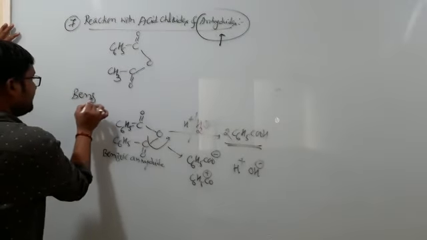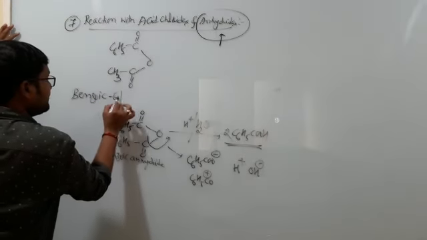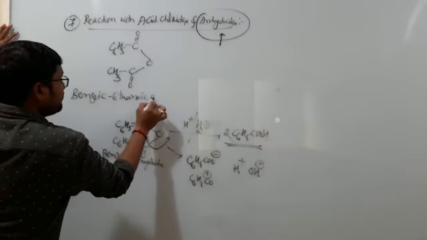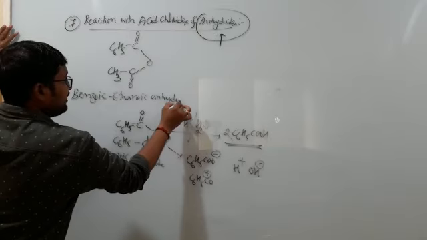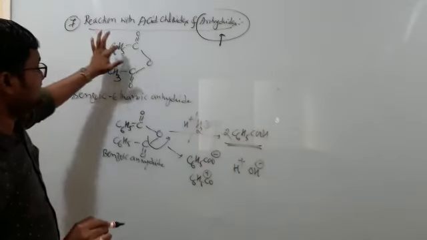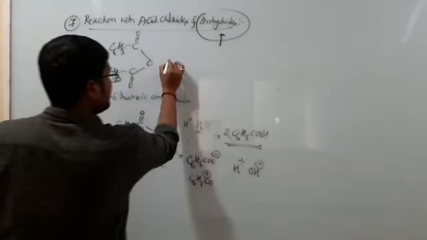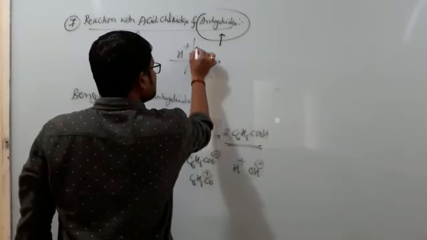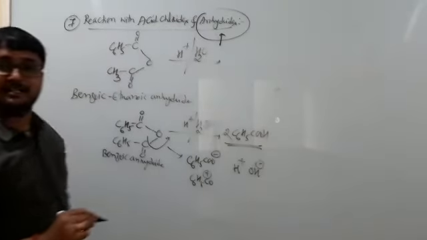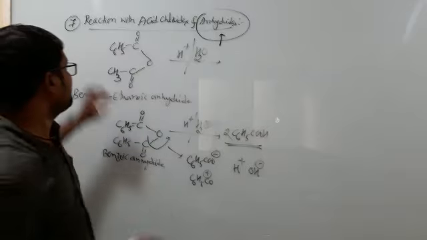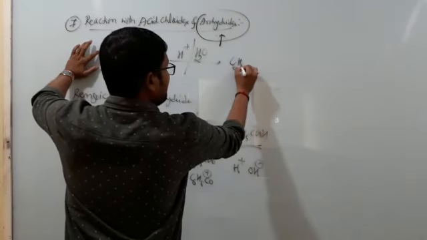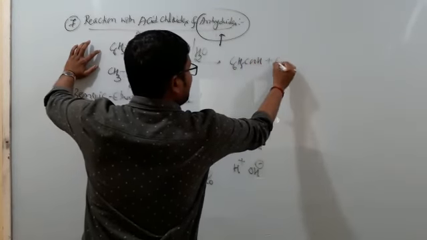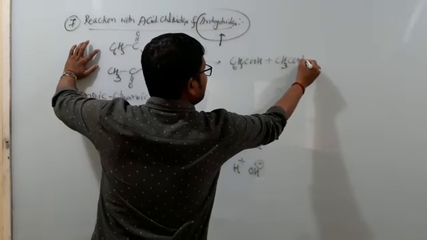According to alphabetical naming, this is called benzoic ethanoic anhydride. So when this benzoic ethanoic anhydride is directly subjected to acid hydrolysis, we get 2 different carboxylic acids. One is benzoic acid, another one is acetic acid.